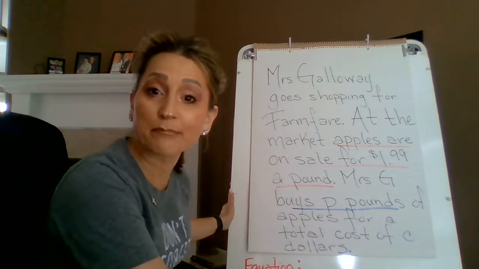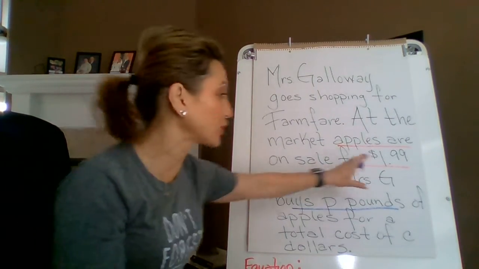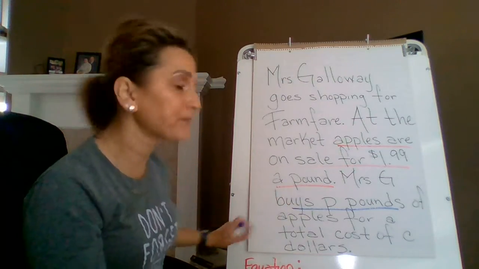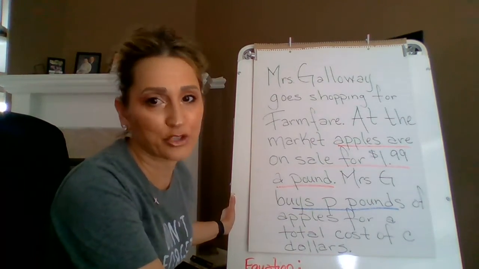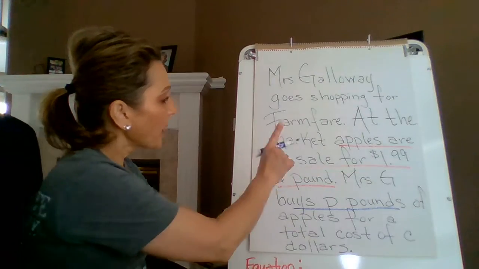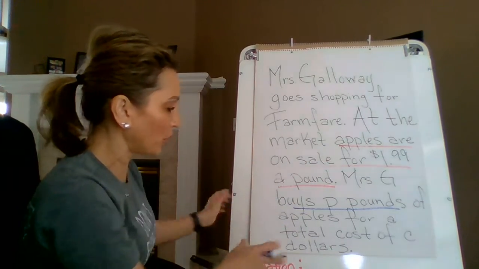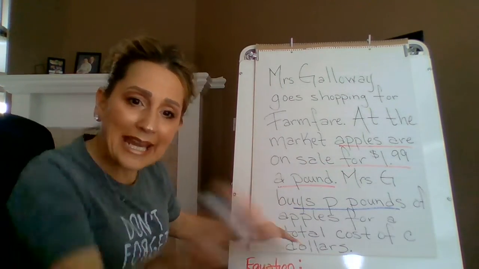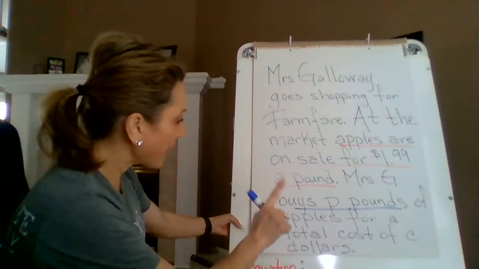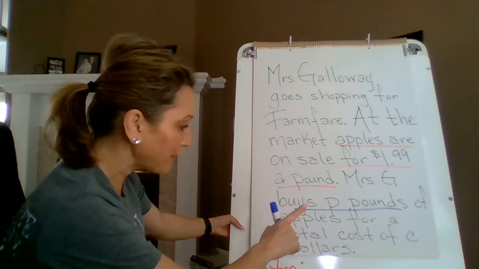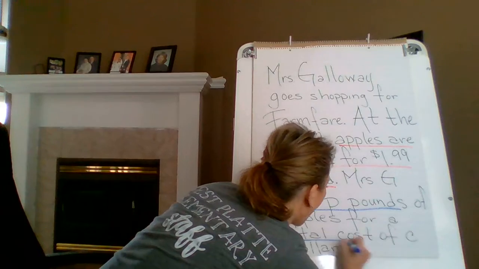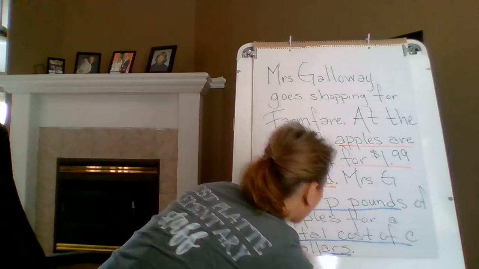She just knows she's at the market. She knows the apples cost $1.99, but she hasn't told us how many pounds she has bought yet. So, Mrs. G buys P pounds of apples, and it goes on at the end of the problem to state that the P pounds of apples are a total cost of C dollars.